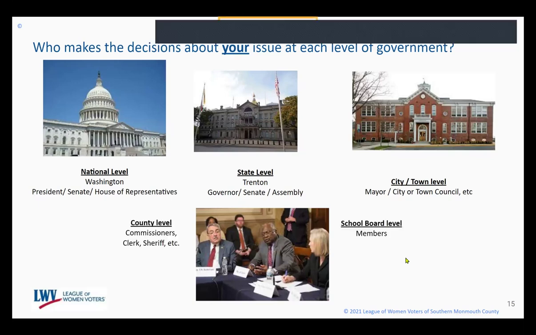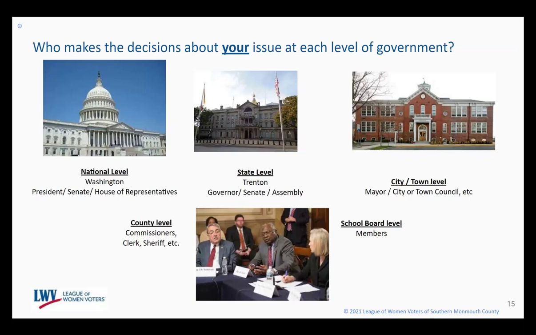At the county level, there are people known as commissioners. Usually that's the name for them, who make decisions about county level issues like county jails, the county clerk who keeps records for the county, the county colleges and the county parks and all of those kinds of things are in their purview.